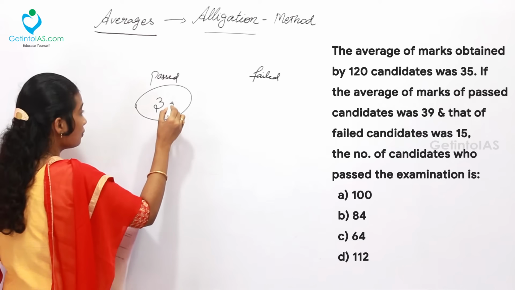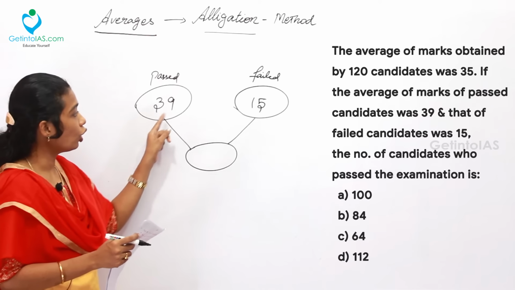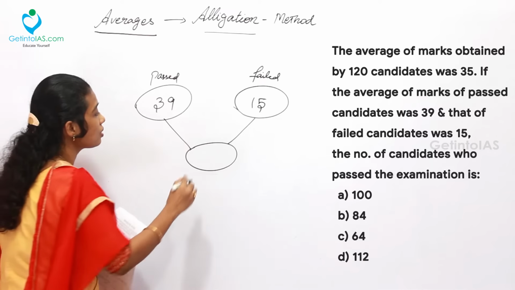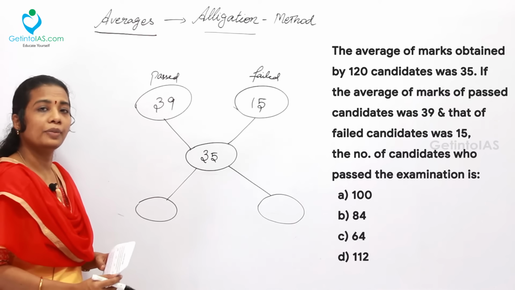So now let's take the overall average, which is what we want to find. Before that, it is given the overall average is 35. This is more than enough information to crack the question in a simple manner.